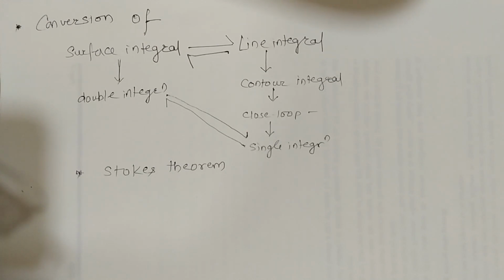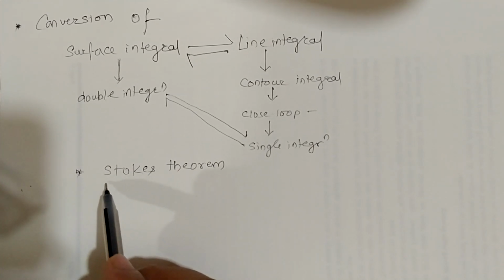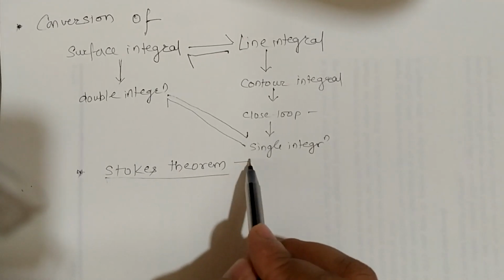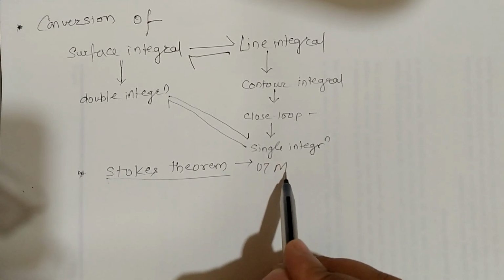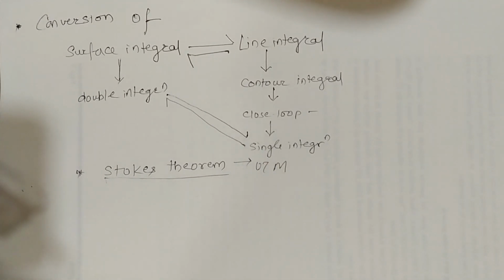If you see the explanation of Stokes theorem in the book, they use a different method, and that method is very, very short. You may use it, but my suggestion is please don't use that method.